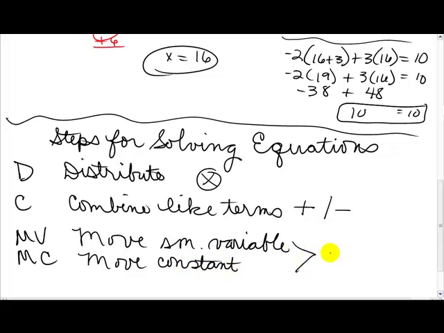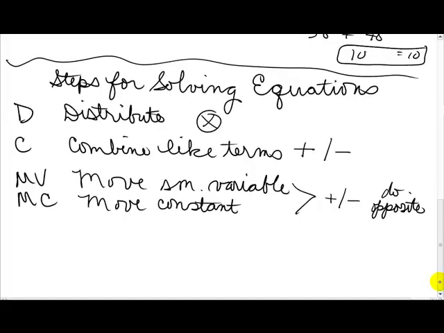And with both of these, we are adding or subtracting, but we are doing the opposite to move them to the other side. And then the last thing we're going to do is F. Finish.